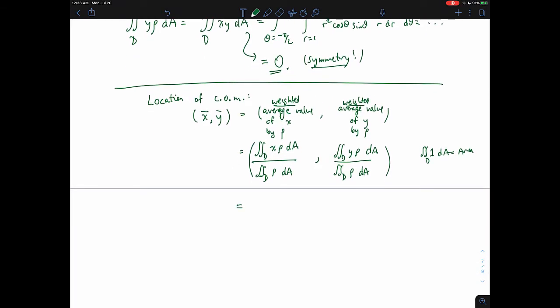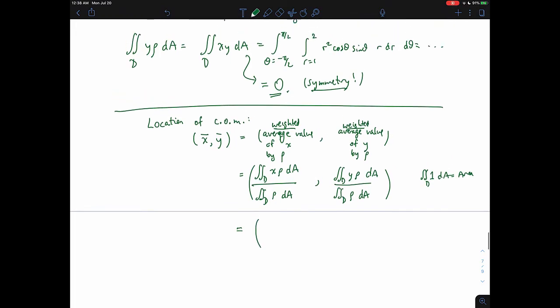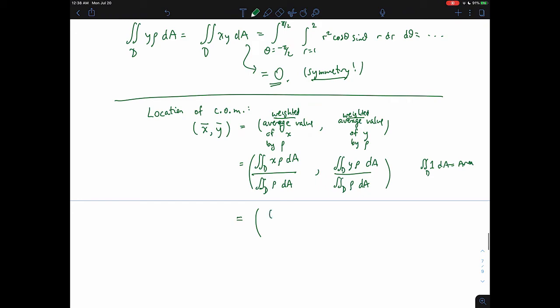Now that we've worked out all those integrals, we know that we have 15 pi over 8, and the denominator is the total mass, which was 14 over 3, and the average value of y was 0. The integral was 0.